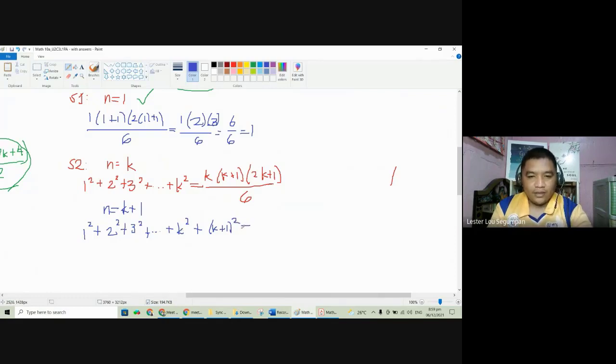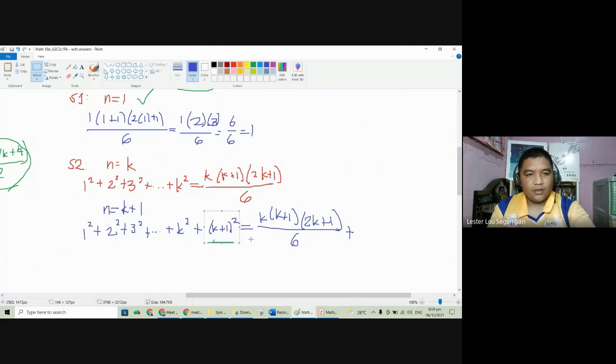Okay, and on the other side, we'll be adding the same value here to this expression. So you will have here the same expression, k plus 1 times 2k plus 1 all over 6 plus the same expression here.